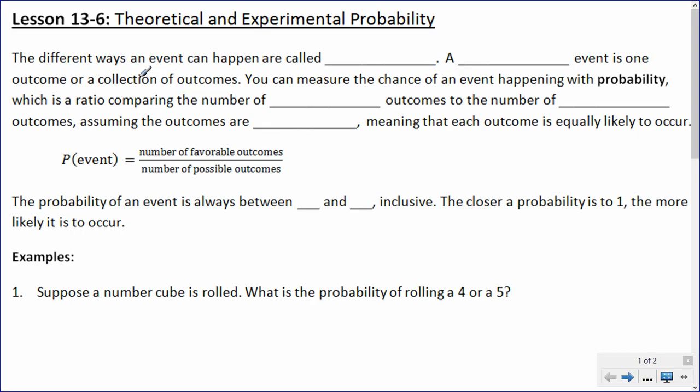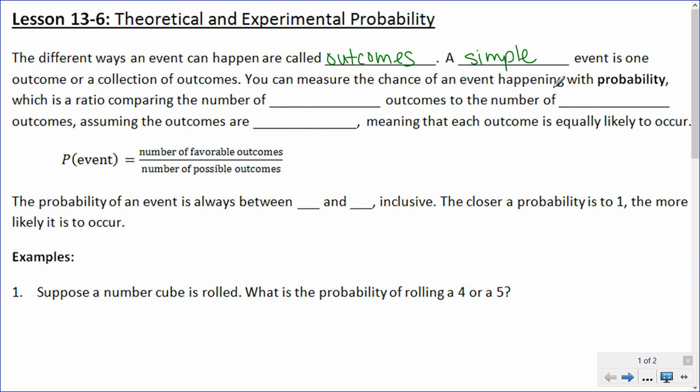This is lesson 13.6, Theoretical and Experimental Probability. The different ways an event can happen are called outcomes, and a simple event is one outcome or a collection of outcomes.